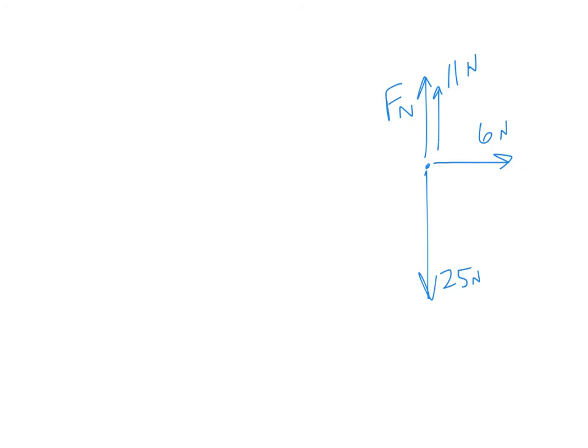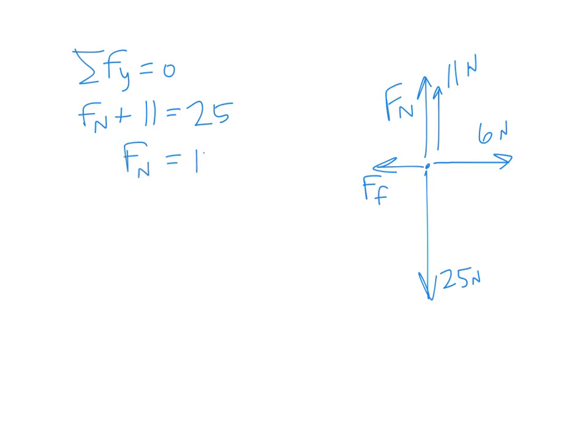So I have to figure out whether that provides enough normal force to provide enough friction to keep this thing from moving. So my forces in the y direction, normal force plus 11 is equal to 25. And our normal force is then 14 newtons.